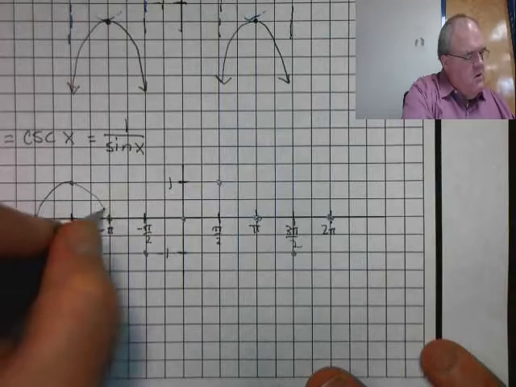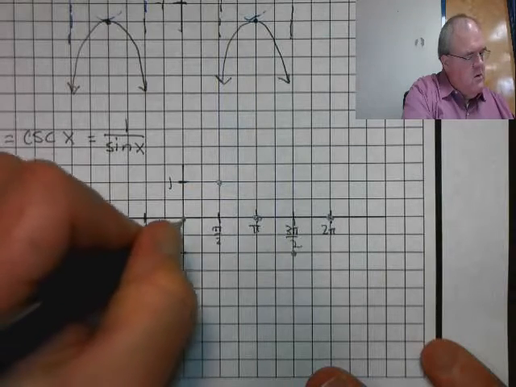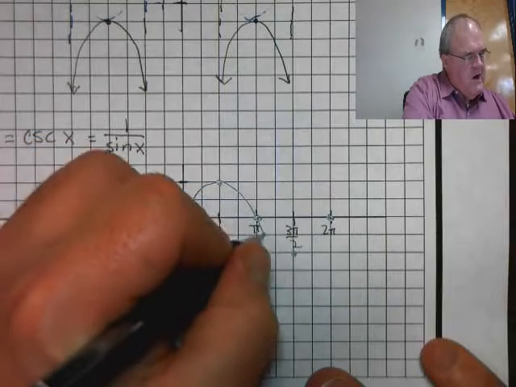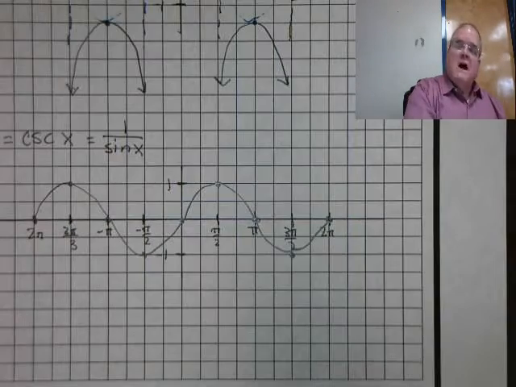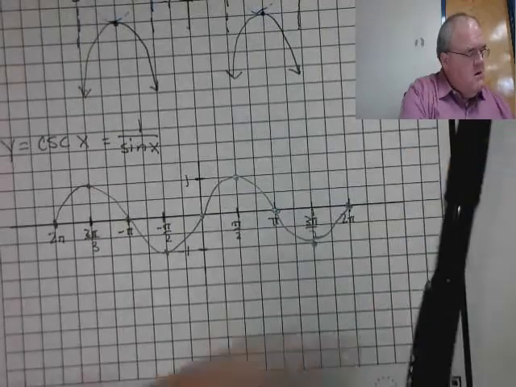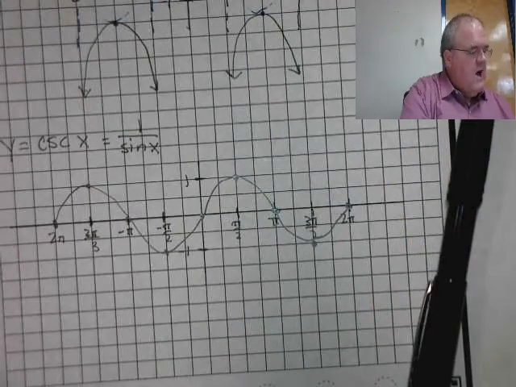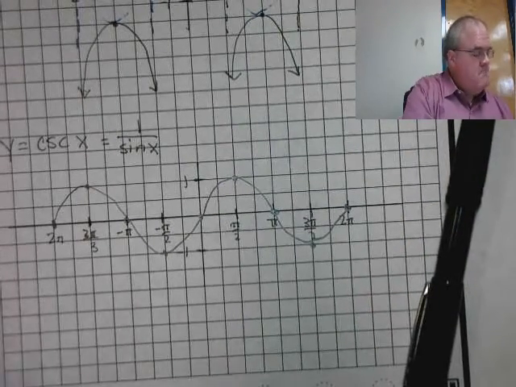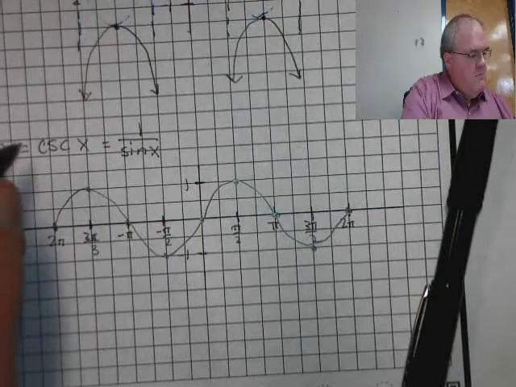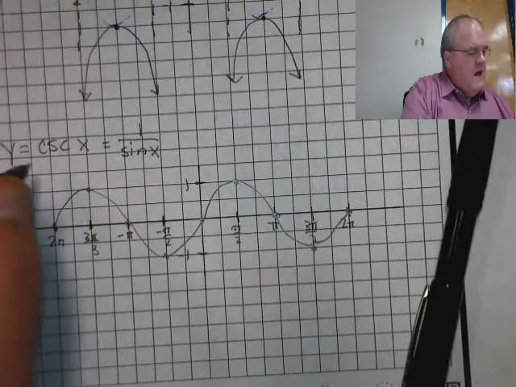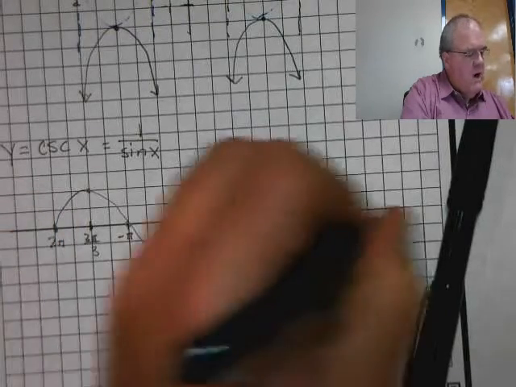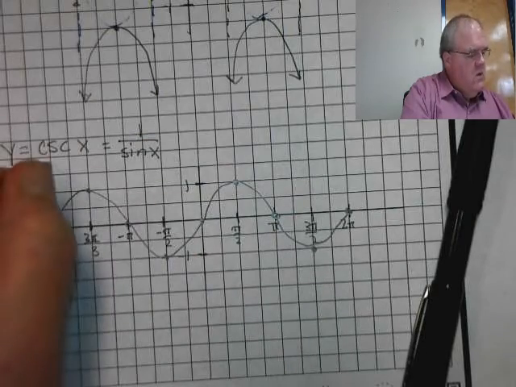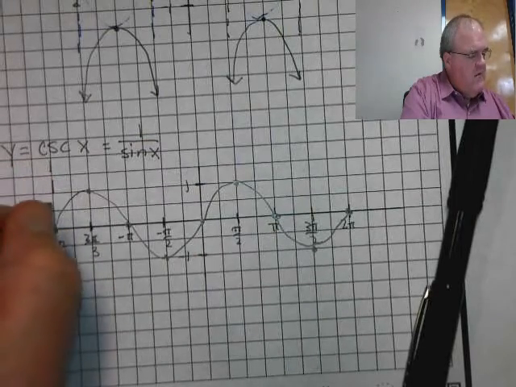So now I've got this curve. That's my sine curve. And again, where we have y equals 0, those are going to be our asymptotes.